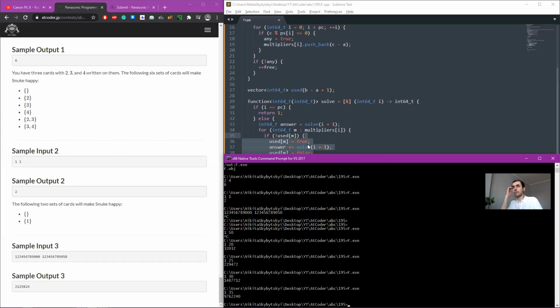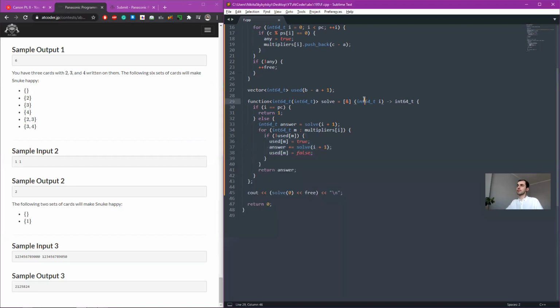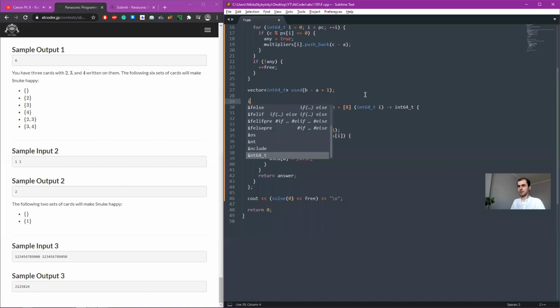Okay. What if we just speed it up in a stupid manner?